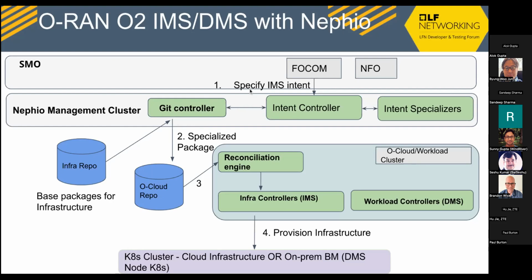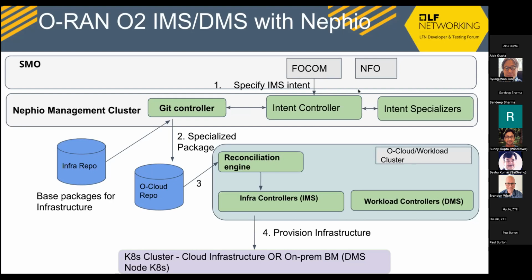Now on top of this, I am fitting the IMS interface towards the FOCOM. I do agree that there are specific APIs being defined, which FOCOM is supposed to call at the IMS layer. So if we fit this arrow from FOCOM to intent controller, it might not be a straight arrow.